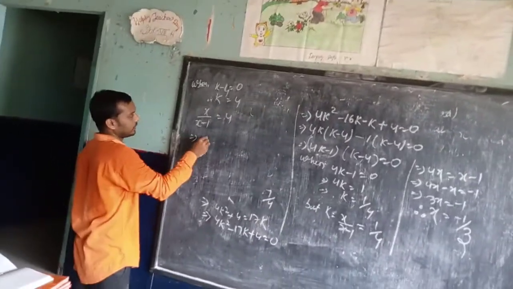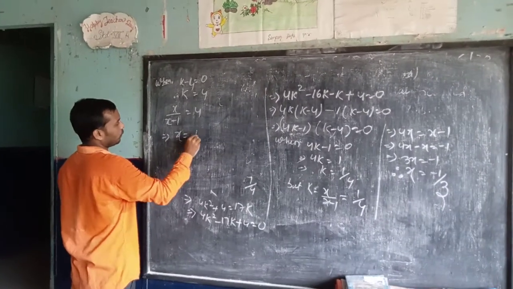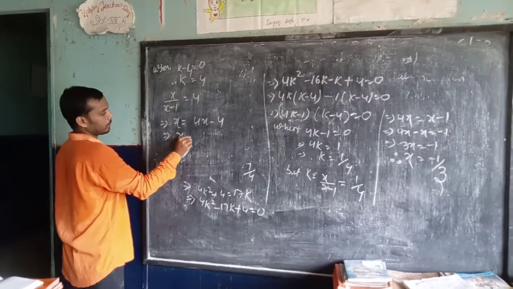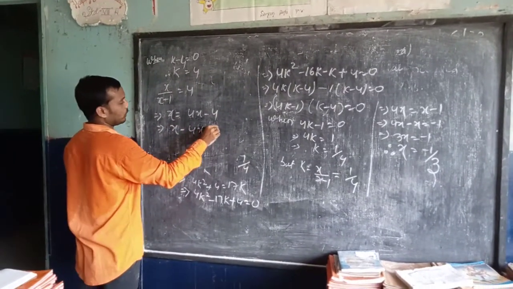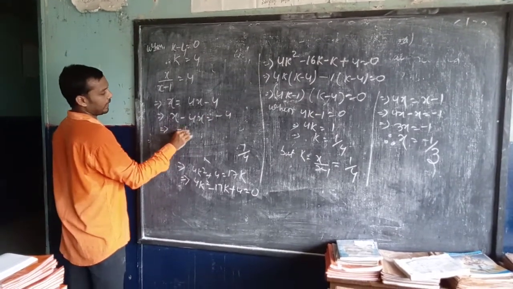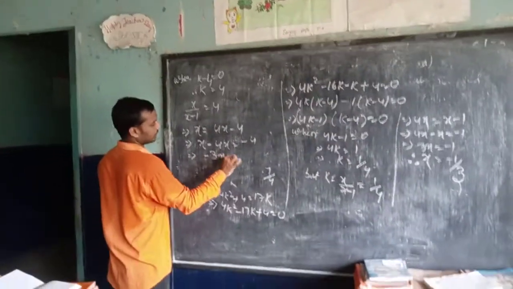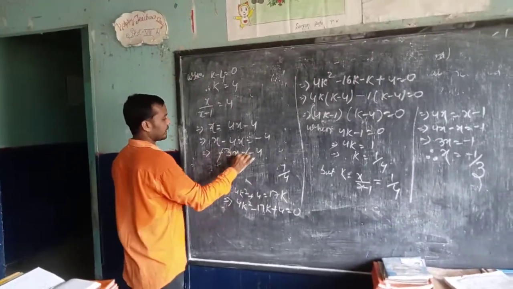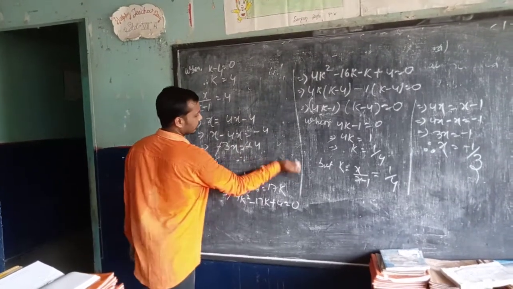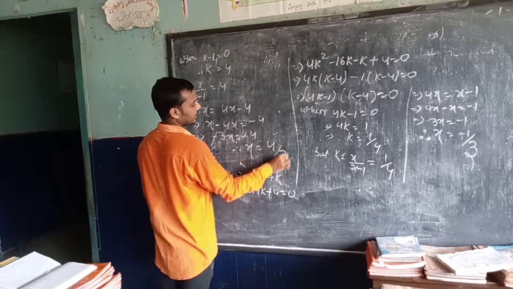Cross multiply it, you will have x equal to 4x minus 4, x minus 4x equal to minus 4, that is minus 3x equal to minus 4, minus minus cancel out, therefore x equal to 4 by 3.